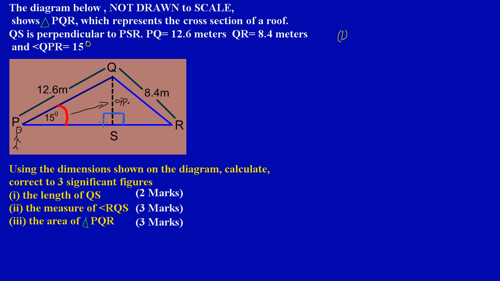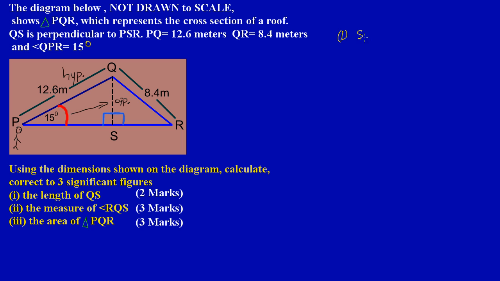Now since this is a right angle triangle, as we have already established, the side that is across from the right angle is called the hypotenuse. So I'll say HYP for short. Basically we were given the hypotenuse, 12.6, and we were asked to find the side that is opposite to the angle given. Opposite and hypotenuse would suggest that we use the sine ratio.